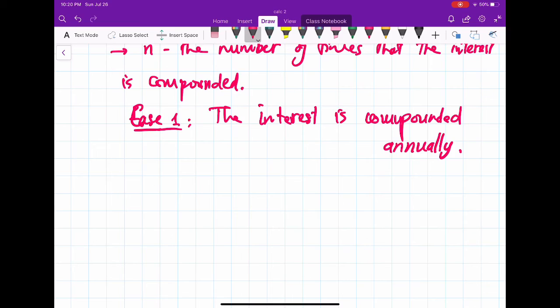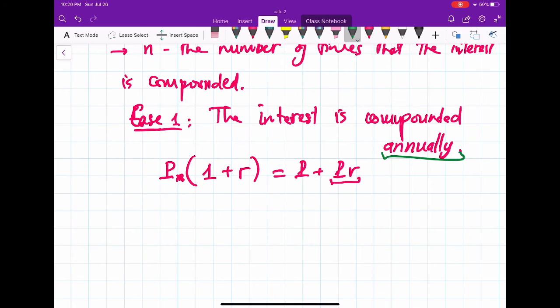That means, after a year, the amount would be P times (1 plus R). Is that correct? Because that is P plus PR, where PR is the interest, right? So, in this case, you just write P times (1 plus R), if the interest is compounded annually and just one time, okay?